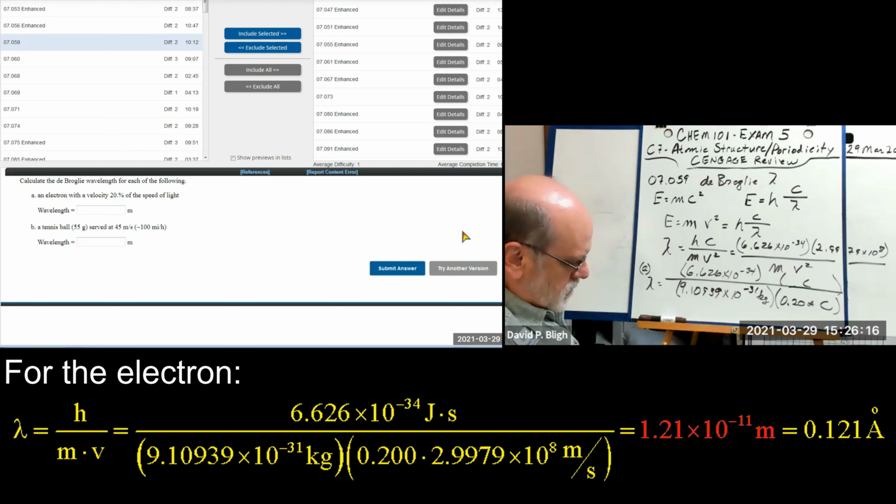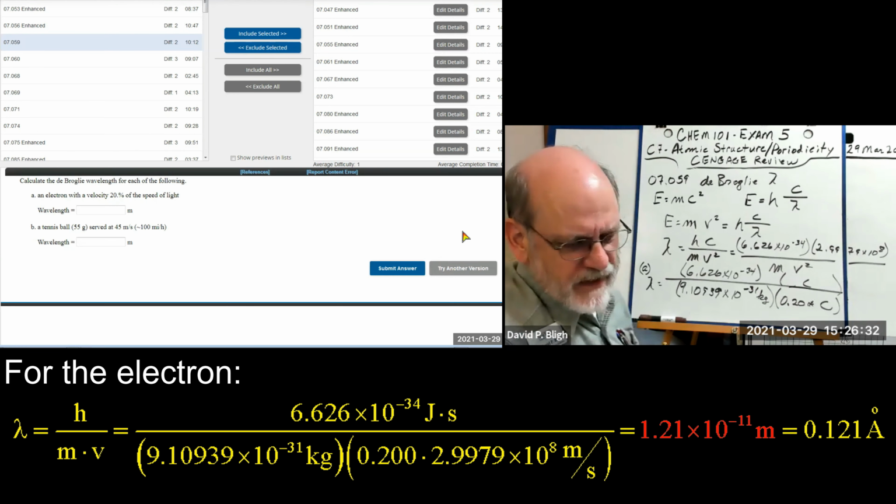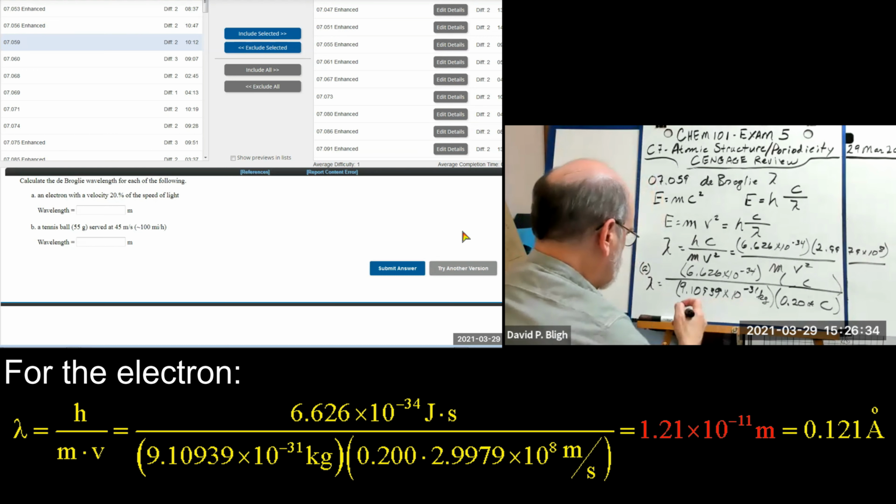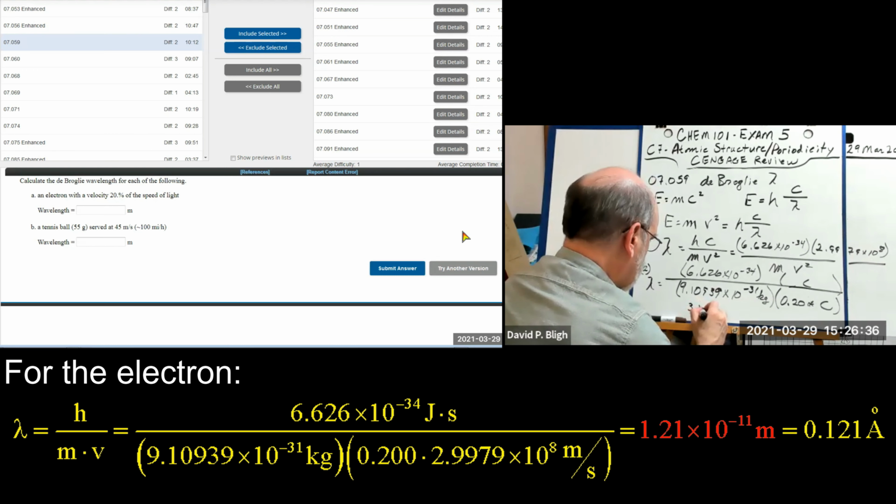Divided by this one. So I get 3.44 times 10 to the minus 3 meters.